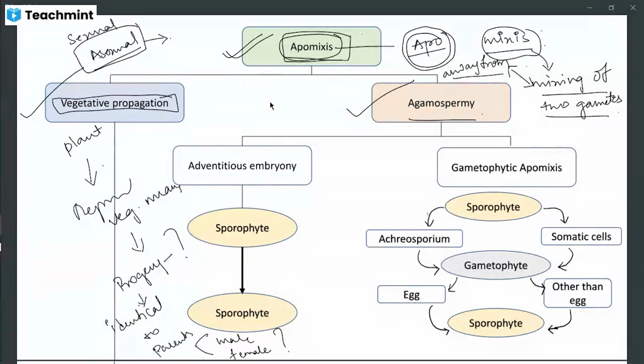Okay, we will go in this way. Let us consider there are two plants. So this is male and this is female. Do you know about bryophyllum? Yes, sir. Okay, so the male bryophyllum produces a progeny.